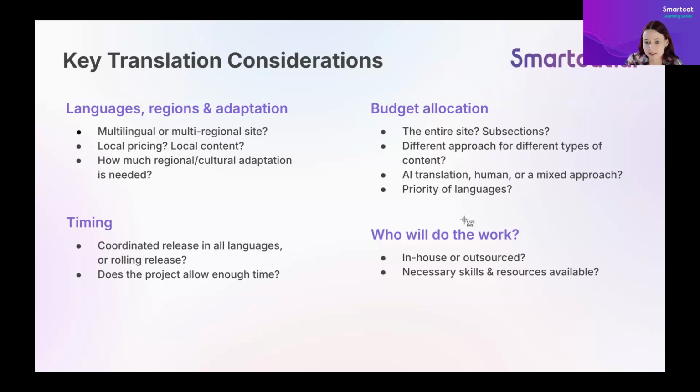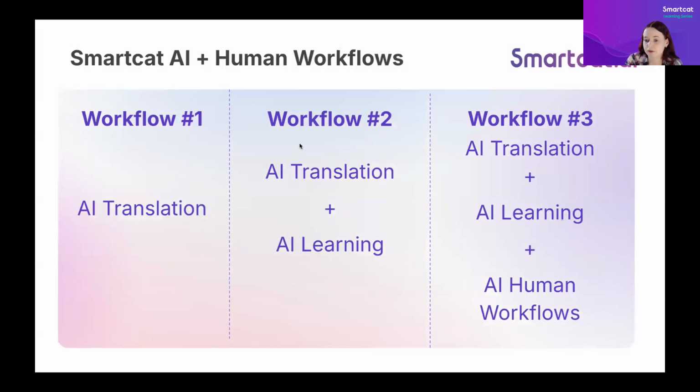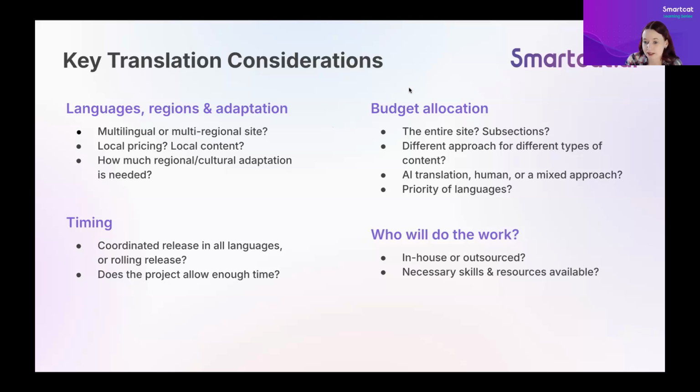So that's the more high impact end of the scale. And then in between, that's a spectrum. So we can leverage various AI and linguistic resources as well as the human touch to have a combined AI human workflow there.